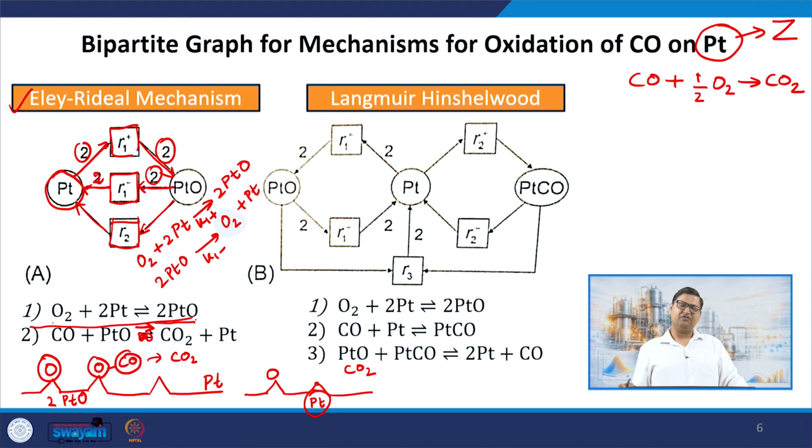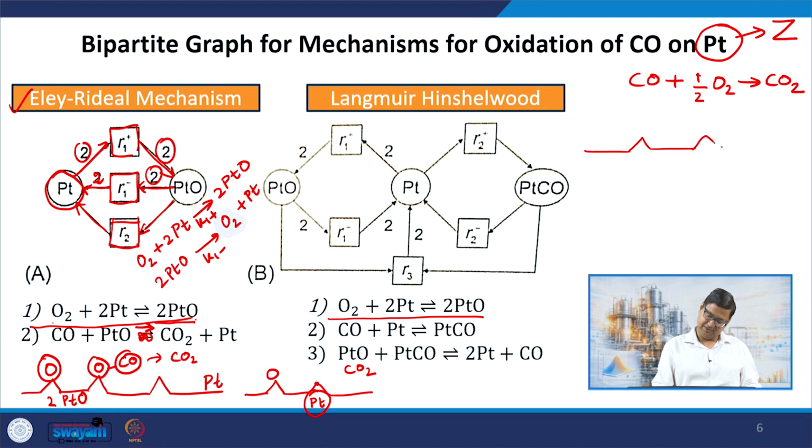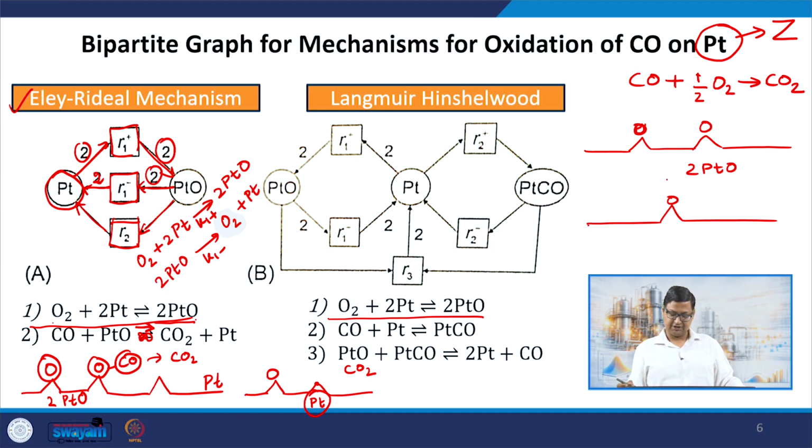There is another way of doing it, or another possible mechanism where it happens in 3 steps. The first step, just like earlier, oxygen interacts with PT and forms 2 PTO. But now this oxygen basically combines with the CO that is also absorbed on a nearby site.